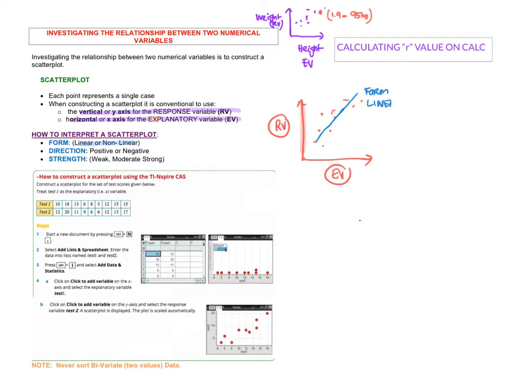Okay, if I drew another one, response, explanatory, you might see your dots doing something like that. They've got a different pattern. For further maths, all we have to say is that it is non-linear. For Methods kids, you'd be looking at that and hopefully seeing maybe a quadratic or something like that, yeah?